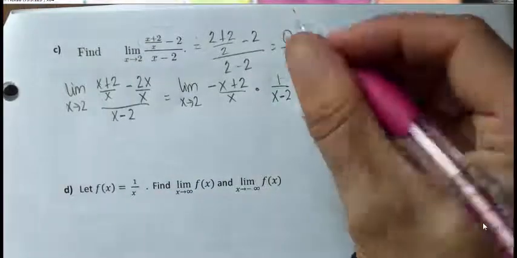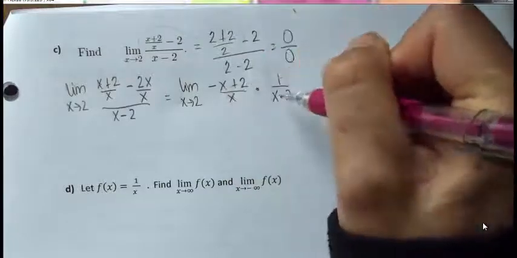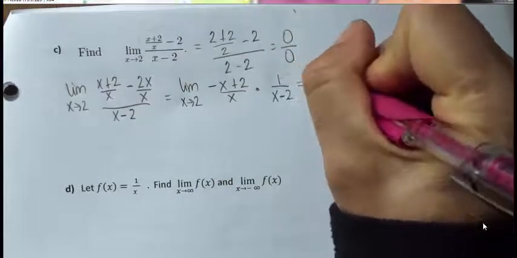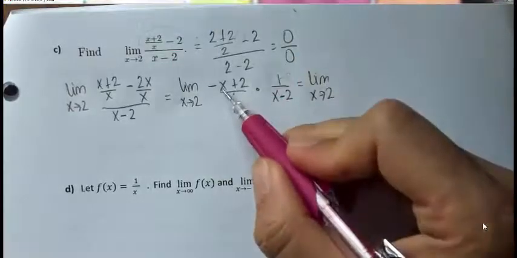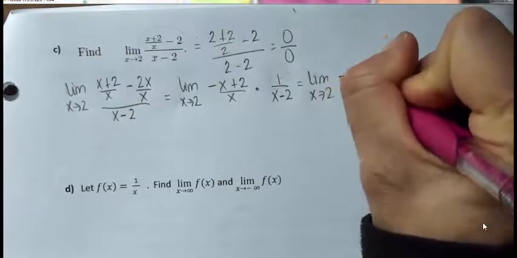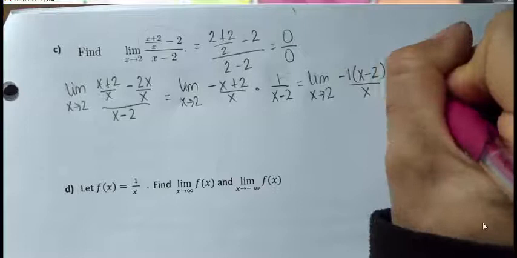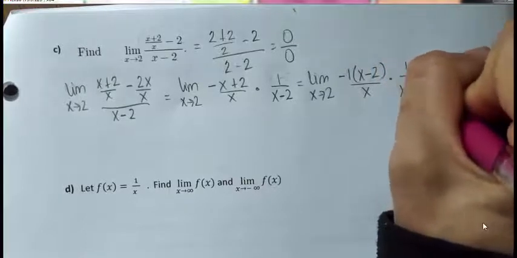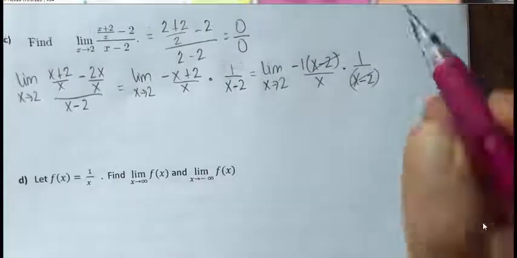Okay, now when I look at this, I say to myself, hey, I could probably factor out a negative 1 and get that. So this is going to be equal to the limit as x approaches 2. I'm going to factor out a negative 1 for my numerator here, which will leave me with x minus 2 over x times 1 over x minus 2. Notice now that the x minus 2's reduce.